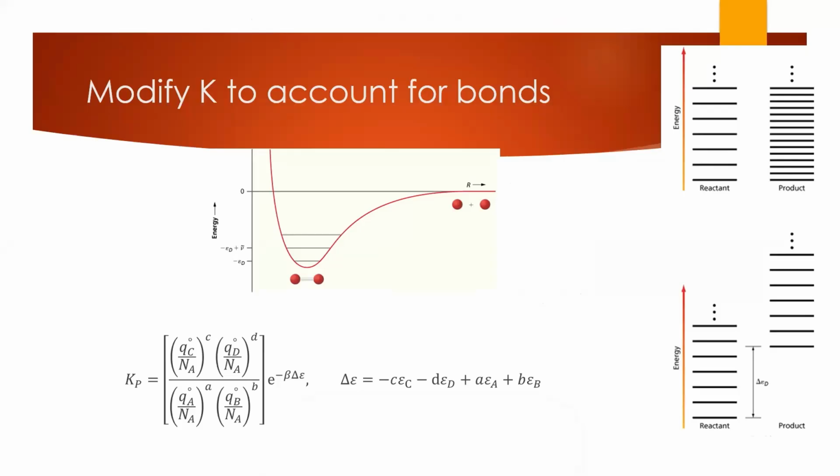Here we can see there are 2 factors for what will drive a reaction towards equilibrium. If the products have more energy levels available than the reactants, that means that QC and QD are greater than QA and QB, and that will drive the reaction forward. It'll be favorable to occupy more of these states. However, we have this delta epsilon here, and this will favor the lowest 0 point energy.